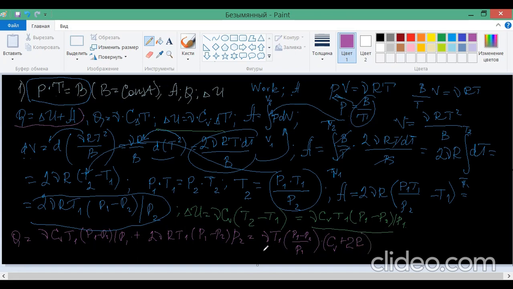That's it. This is the formula for Q. As you can see, we have had to deal with integration and differentiation in order to get these formulas. I hope that it is clear for you how we've got these formulas.